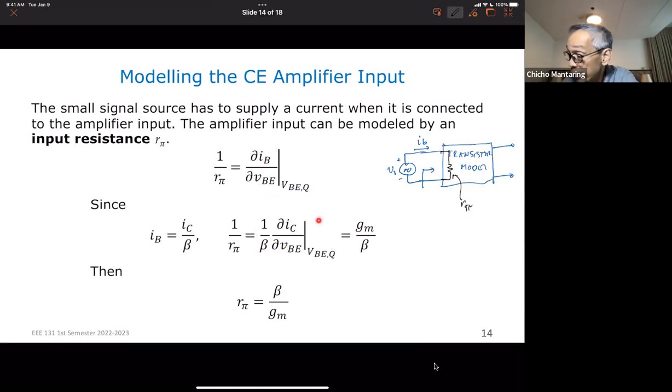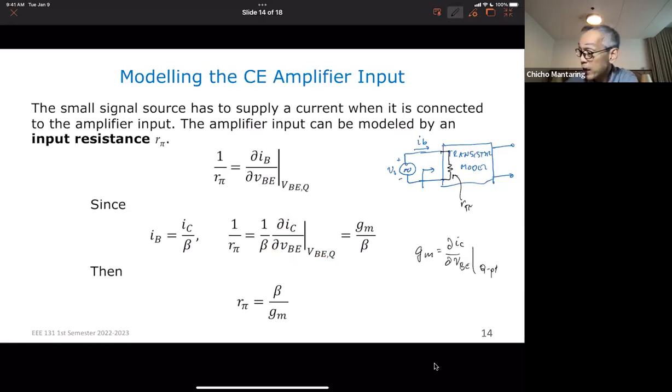But if you take a look at this, we already have a term for this. We call this our transconductance. So you remember that G of M is equal to the partial of I of C with respect to VBE. This is evaluated at the Q point. So this is our transconductance.